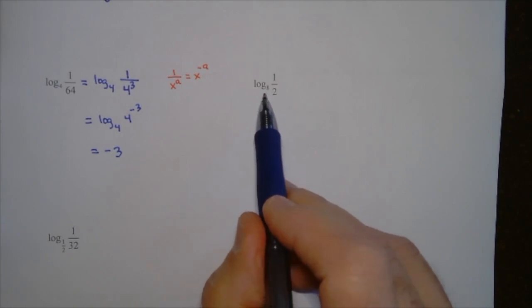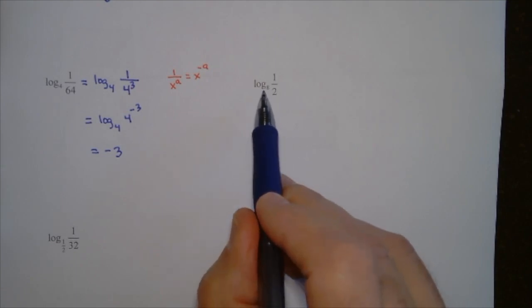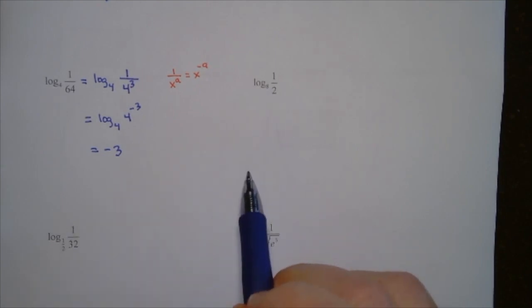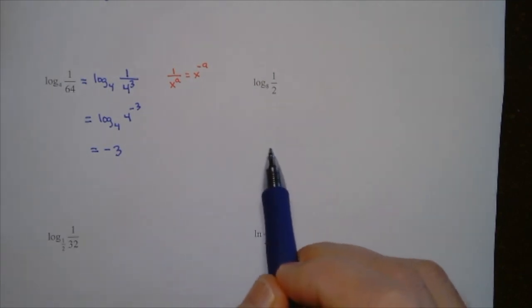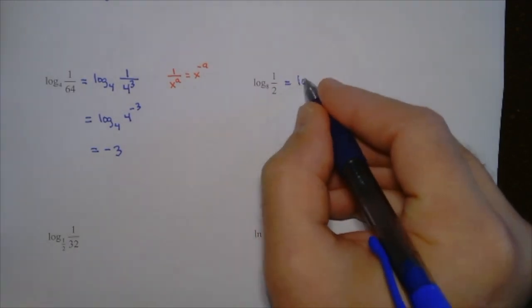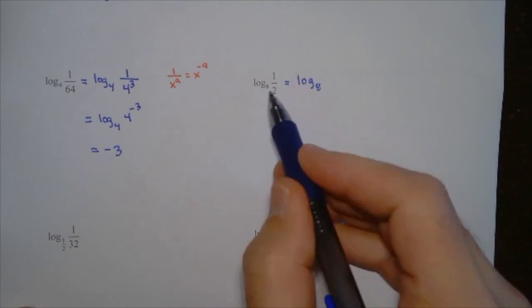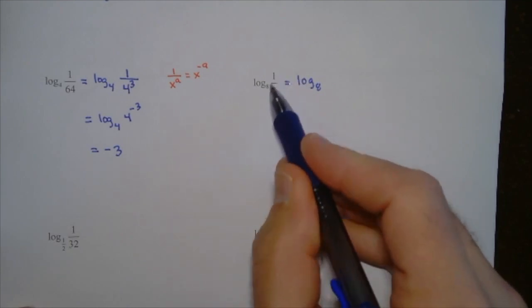Okay? This is going to be some of the hardest ones right here. So how do you take a base that's 8 and get it down to a smaller number like 2? When you see the base is bigger than the numbers you have, you might be thinking we can take some type of root. So we're taking log base 8 of 1/2.